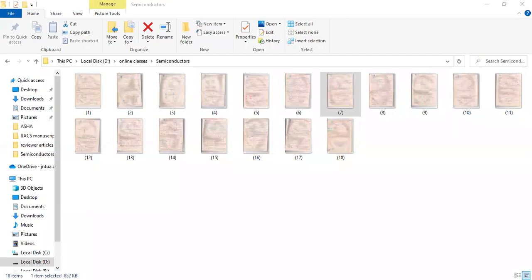Then sigma i drift is equal to ni e into mu n plus mu p. Here n is equal to p, so instead of n and p, you write ni. Then ni e is a common term. Sigma i drift is equal to ni e into mu n plus mu p.